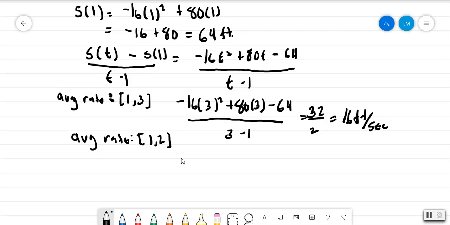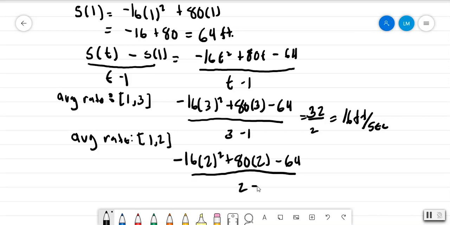For example, you'll have negative 16 times 2 squared plus 80 times 2 minus 64, and all of this is divided by 2 minus 1, which is just going to be 1. And I'm going to do this computation again off camera. Plus 80 times 2 minus 64, and that's going to give me, oh, that's strange, it gives me 32.